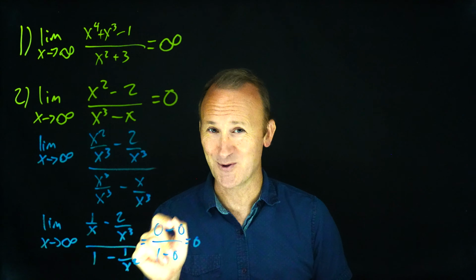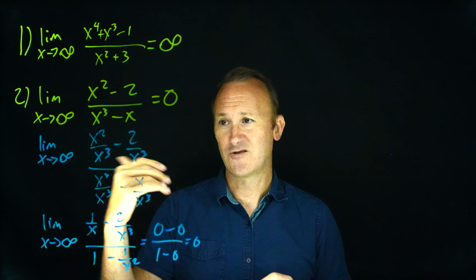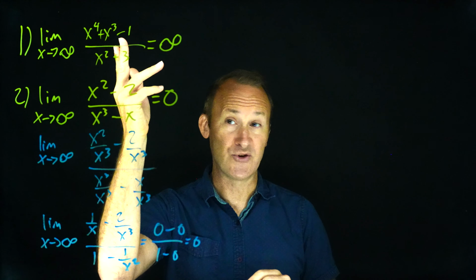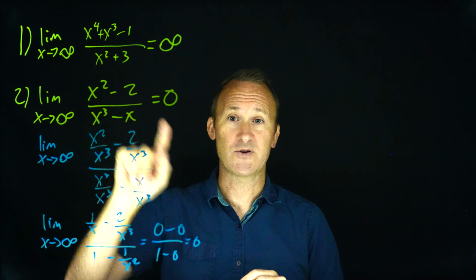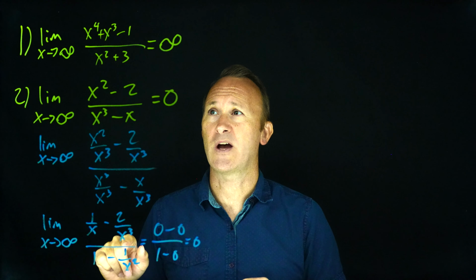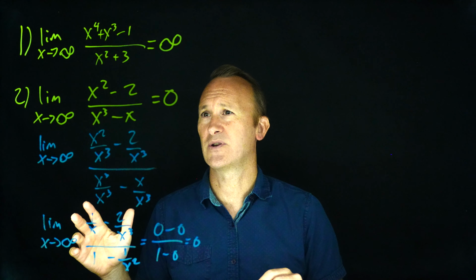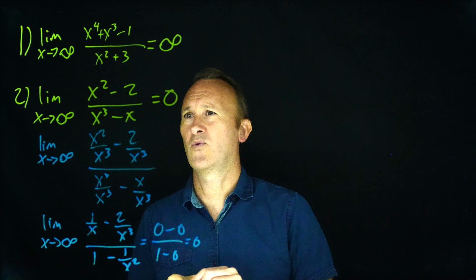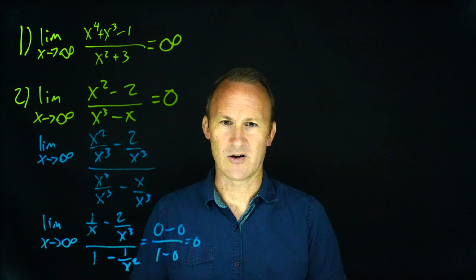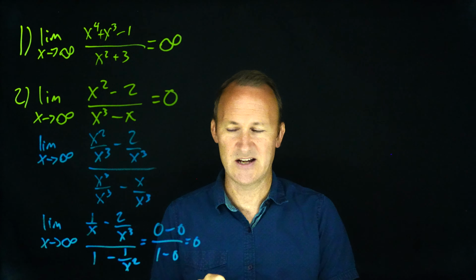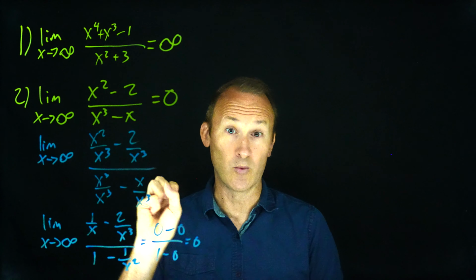Note that for this to work right, you have to divide by the highest power in the denominator. If you divide by the highest power in the numerator, like in this first one, you'll get, I think, 1 over 0 maybe. It's not precise. If you divide by the highest power in the denominator, it will work.